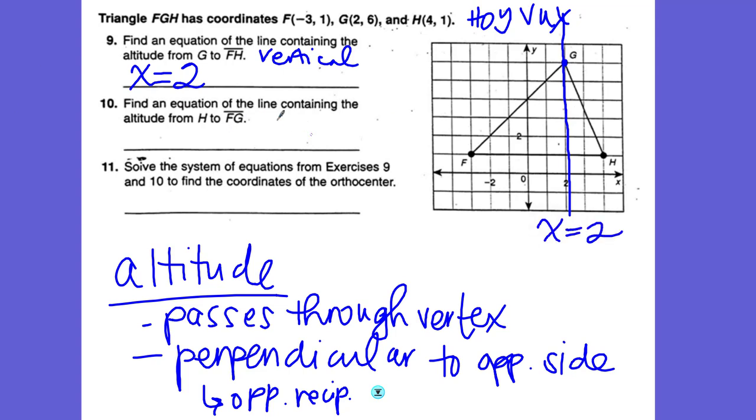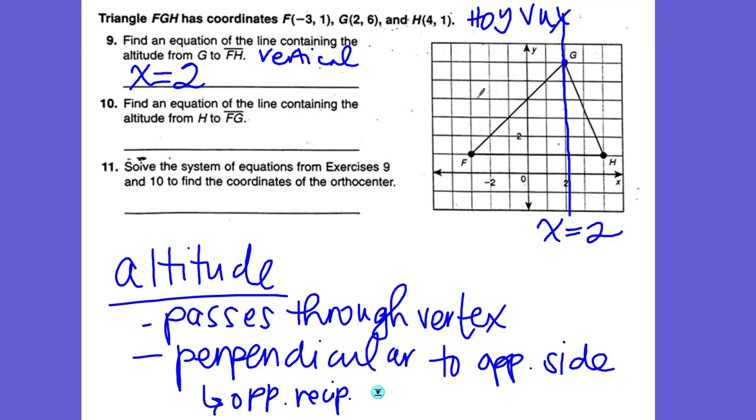Then find the equation of a line that contains the altitude from H to FG. So this is where it gets a little bit more complicated. I am going to have to find a line that's perpendicular to FG that passes through H. So first I need to figure out the slope of FG. I can either count it or use the slope formula. I'm just going to count it since I have a graph right here.